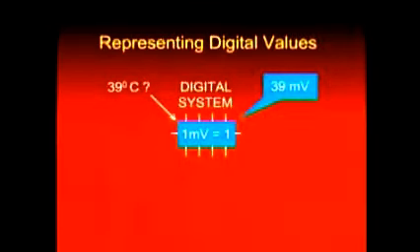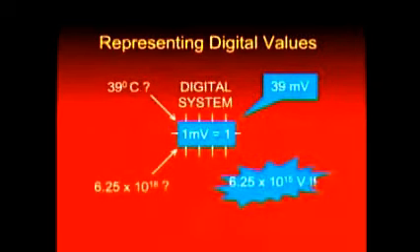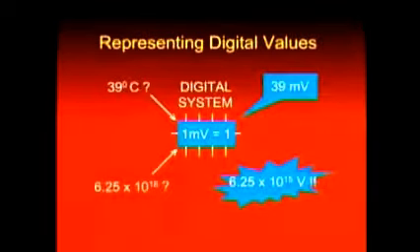Calculators can also handle a large value such as 6.25 times 10 raised to power 18, the number of electrons in 1 coulomb of charge. This large value represented in terms of voltage by the calculator turns out to be 6.25 times 10 raised to power 15 volts, which is a very large voltage value and cannot be practically represented by any circuit.